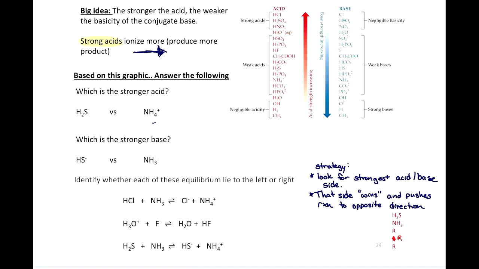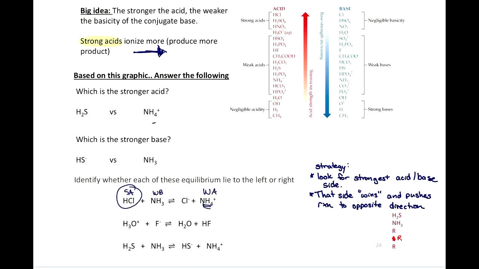All right, so here's an example. The first one, we mix HCl and ammonia, and we make those products. So I note here that HCl is what kind of acid? Strong acid. Ammonia is a weak base, all right? But HCl, it's the strongest acid. If you compare HCl to ammonium, ammonium is the conjugate acid of a weak base, so NH4+ is a weak acid.